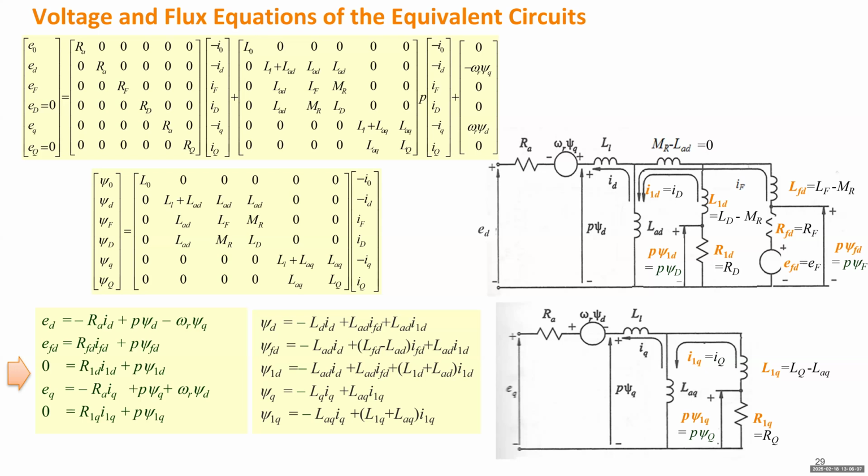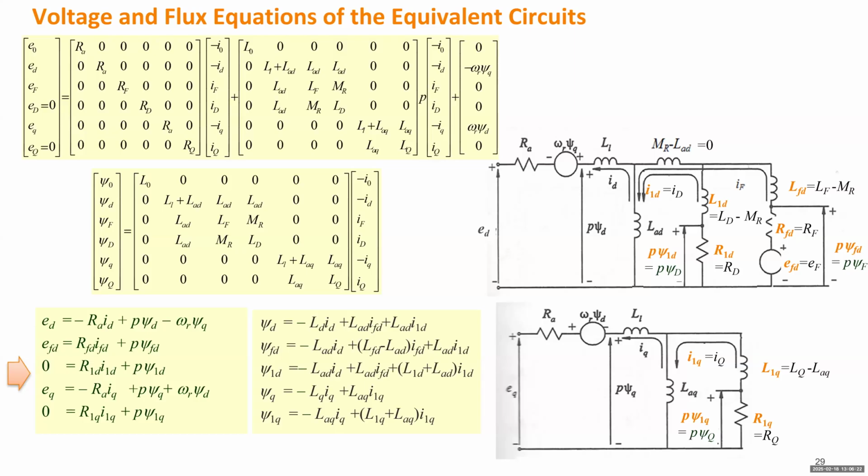Okay, so you simply write each equation down using the old notations, and by using those figures, you translate into the new notations. So they will become those 2 sets of equations.